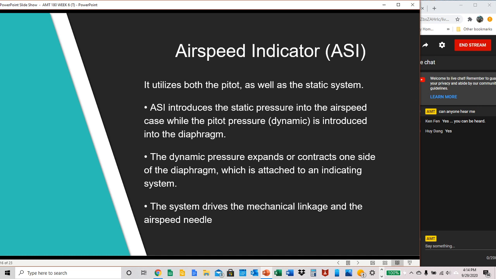The airspeed indicator, our ASI, utilizes both the pitot as well as the static system. The ASI introduces the static pressure into the airspeed case, while the pitot pressure, which is dynamic, is introduced into the diaphragm. The dynamic pressure expands or contracts one side of the diaphragm, which is attached to an indicating system. The system drives the mechanical linkage and the airspeed needle.